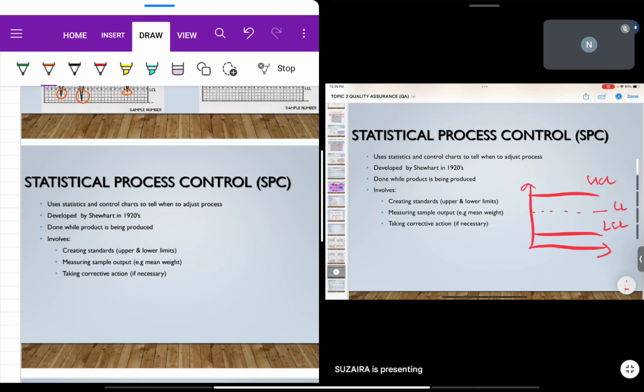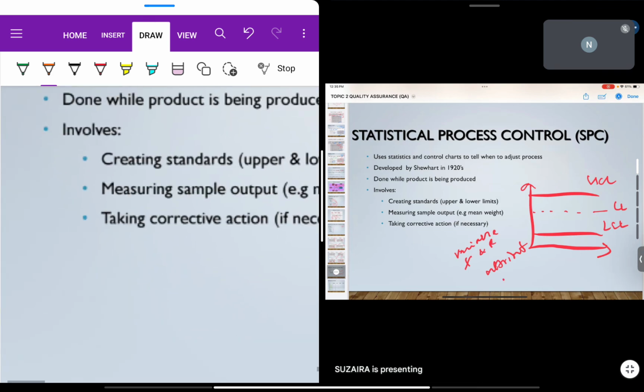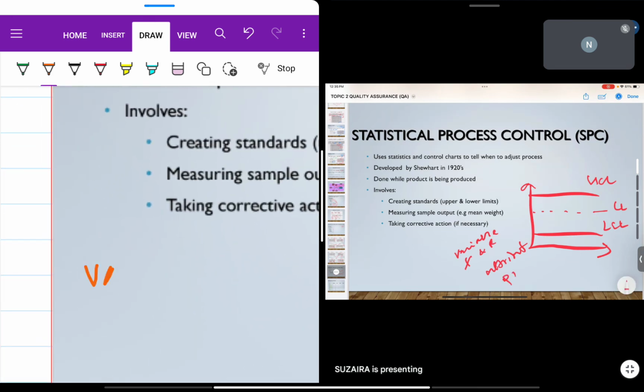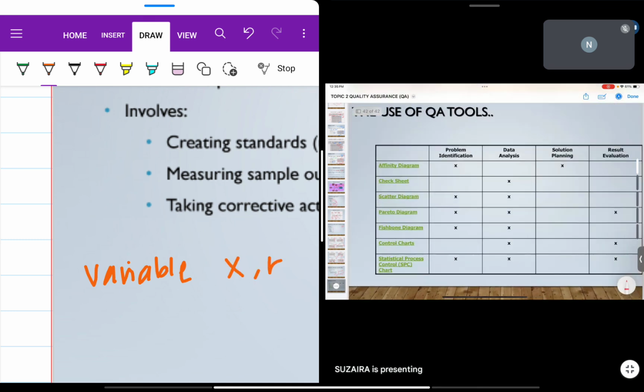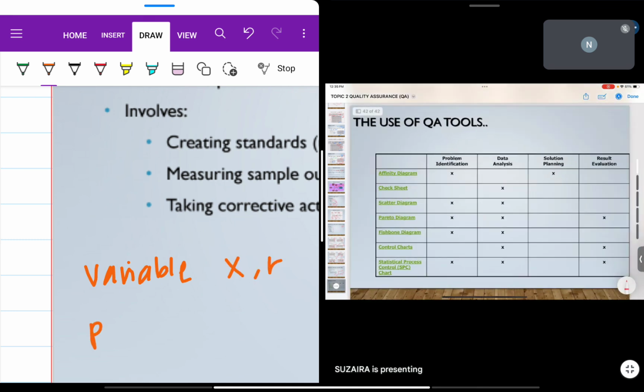Okay, so basically we have two. One is for variables, the other one is for attributes. So variables X and R chart, attributes is for P and C chart. Okay, so this is actually the overall of the use of tools.